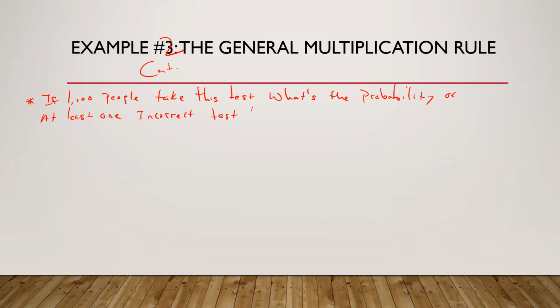So today, the probability of at least one false positive. All right. So the thing you have to check here, 1,000 people are going to take this test, and I want to find the probability at least one incorrect.